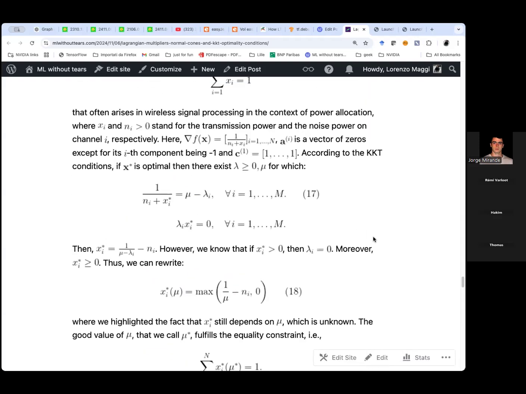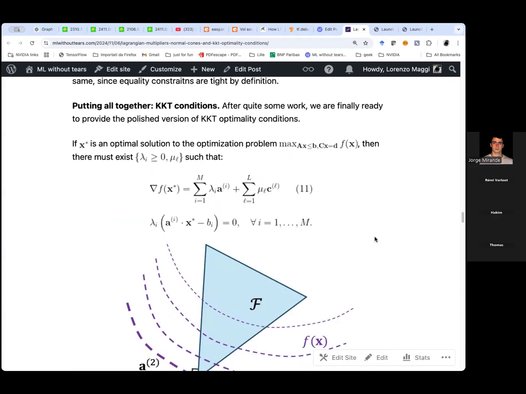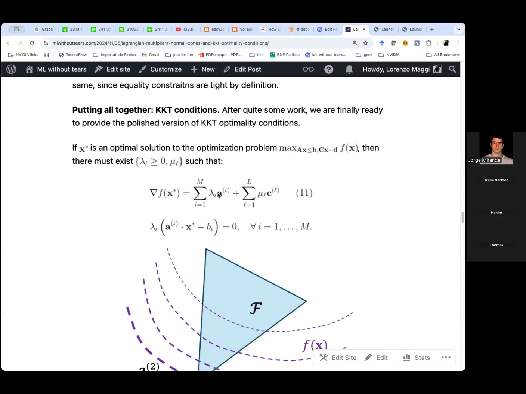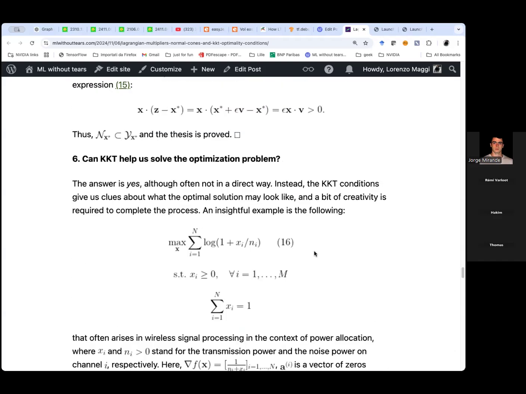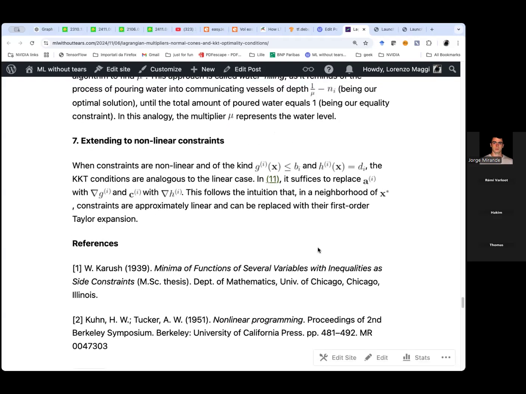So instead of having this expression, you will have, instead of A, the gradient of the G's, and instead of C, the gradient of the H. And this is the most general KKT condition that you find on any material, even Wikipedia. This is all I wanted to say, except for the proof, but okay.